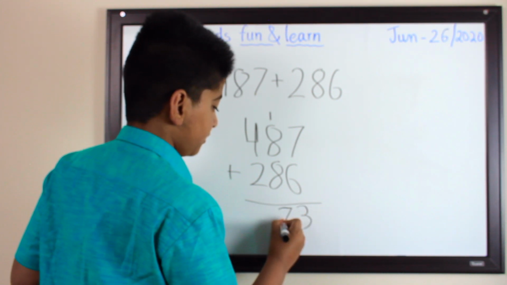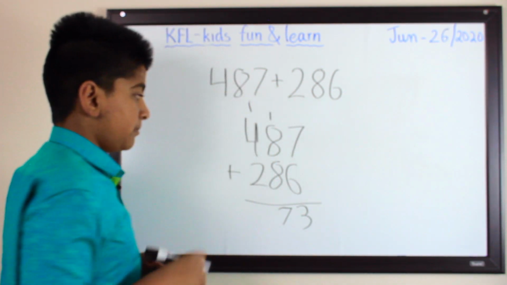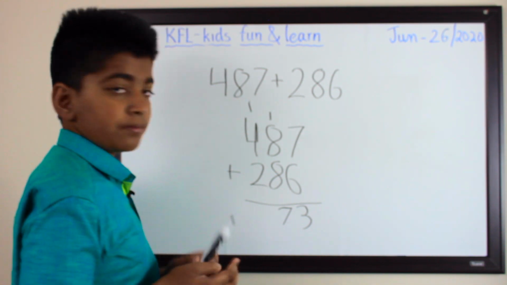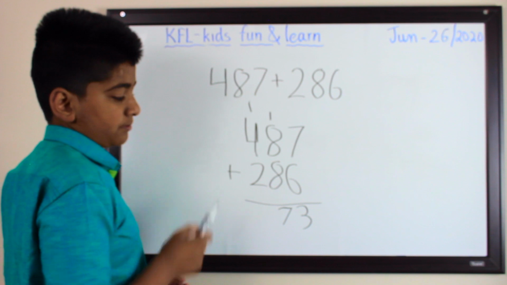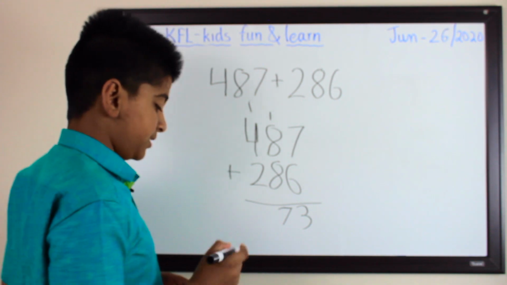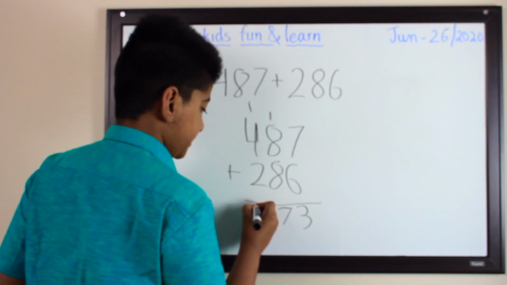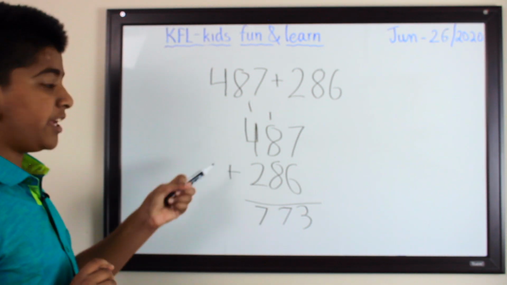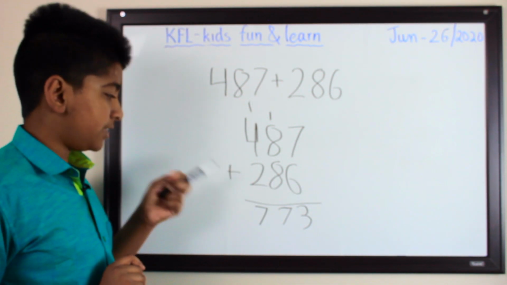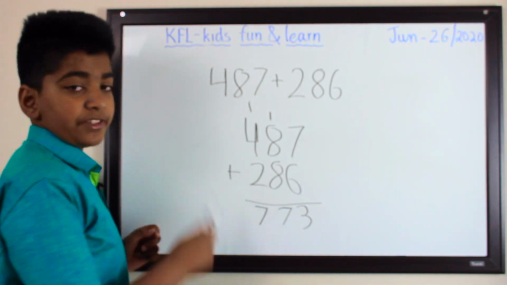So 7 here, 1 here. What's 1 plus 4? We know that's 5. And what's 5 plus 2? 5 plus 2 is 7. So we put the 7 just here. Okay? So 487 plus 286 equals 773.